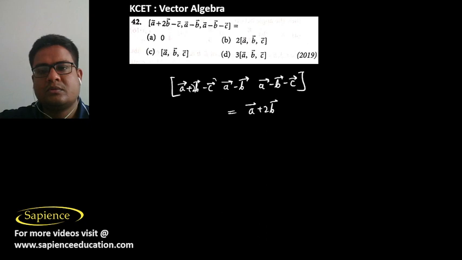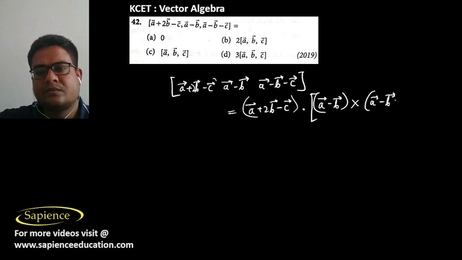A plus 2b minus c, its dot product with a minus b cross a minus b minus c.